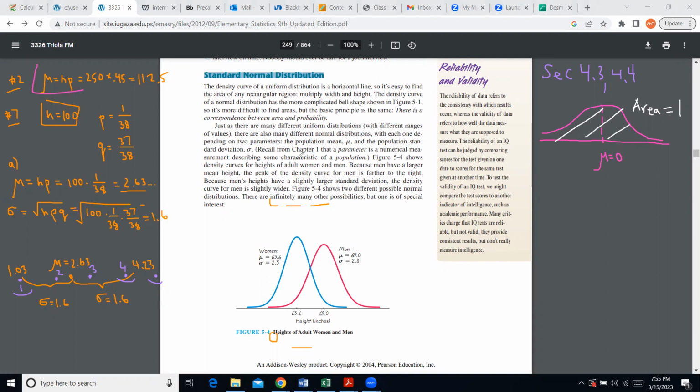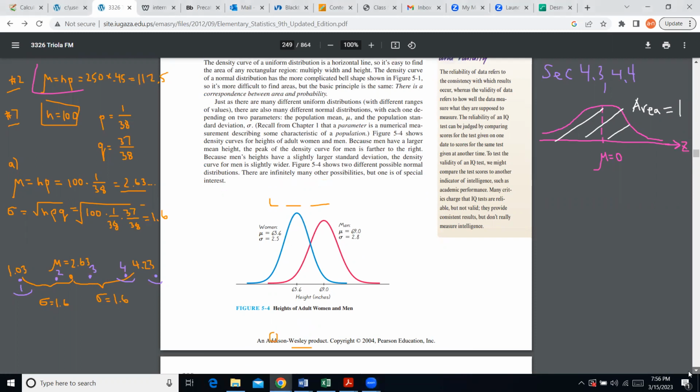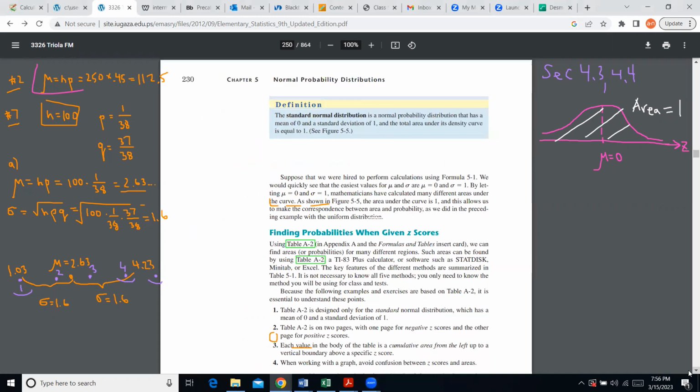Technically, the mean can be anything, but if the mean is equal to 0, then the distribution has a name, standard normal, and instead of the x-axis, we call it the z-axis, just to make sure that we are talking about that special kind of distribution.